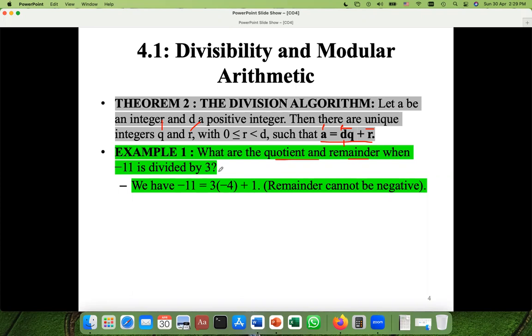What is the value here, the quotient? And what is the value here, the remainder? This question is simply asking a third, fourth class question.